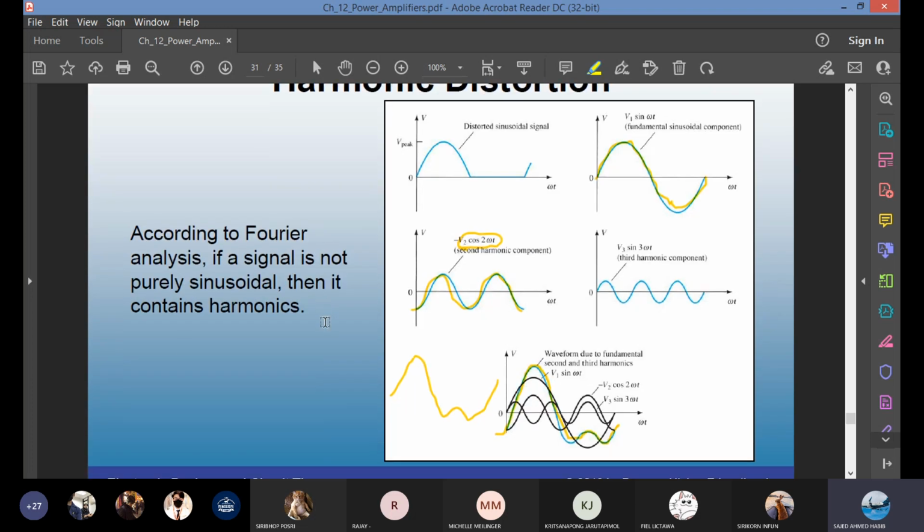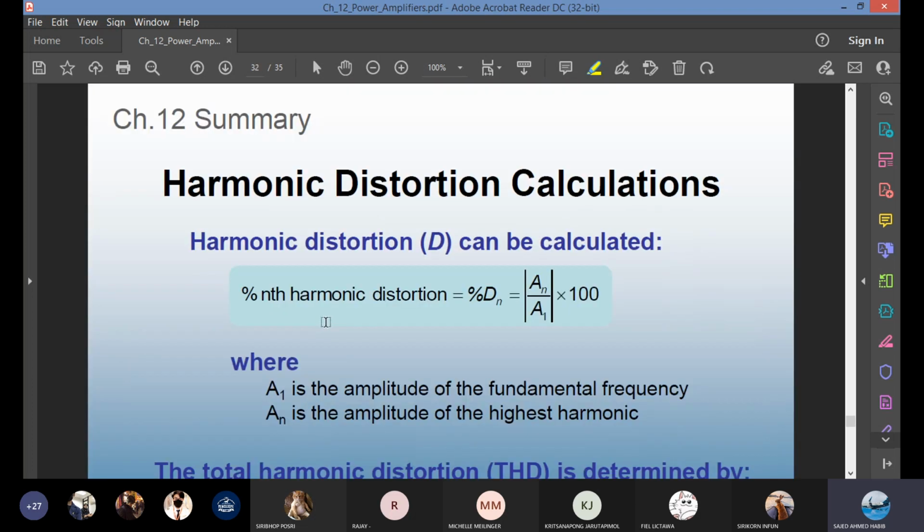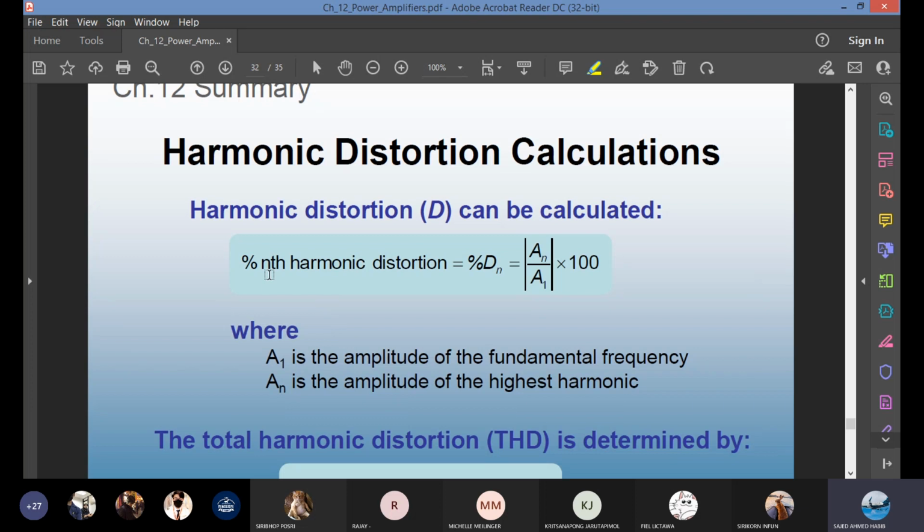Nonetheless, in harmonic distortion, we have problems that you can be asked to calculate. It is calculated like this. Percent nth harmonic distortion is given by A sub n over A1 times 100. This is in percentage. A1 is the amplitude of the fundamental frequency.